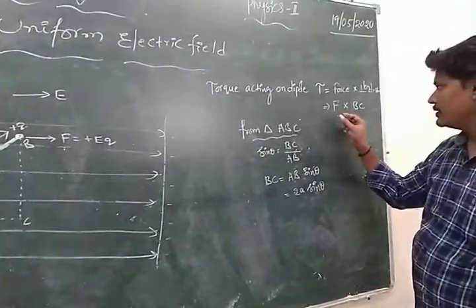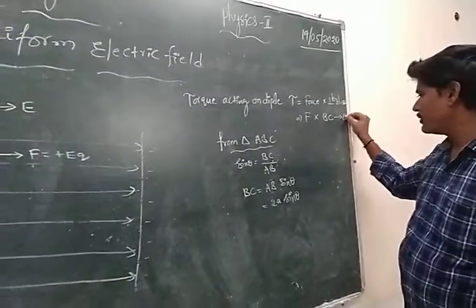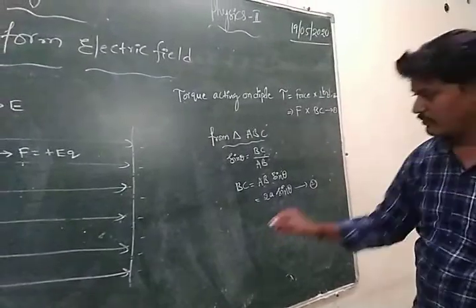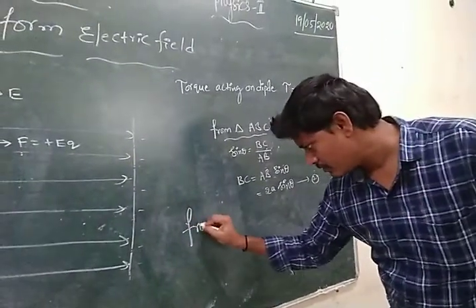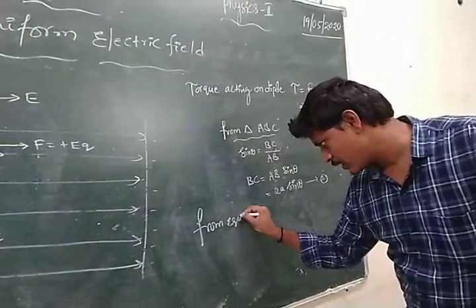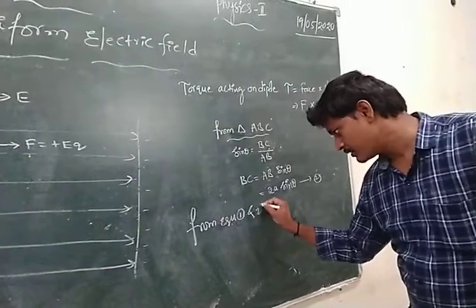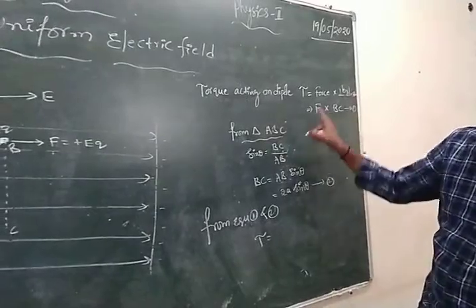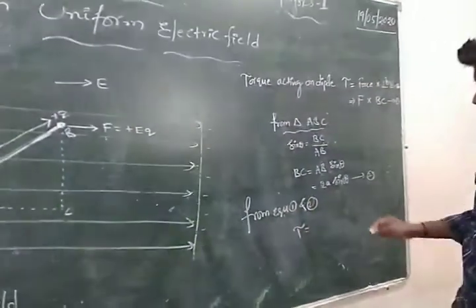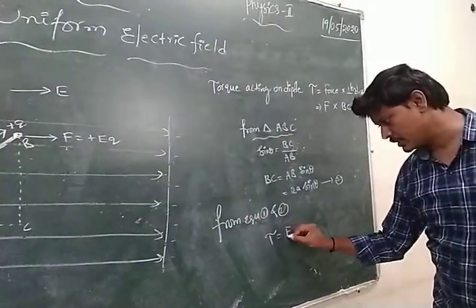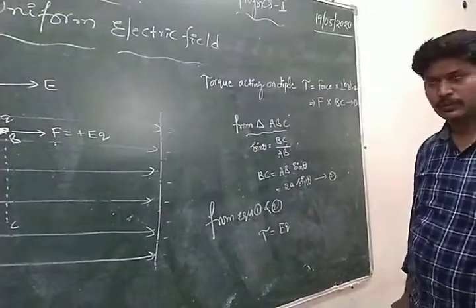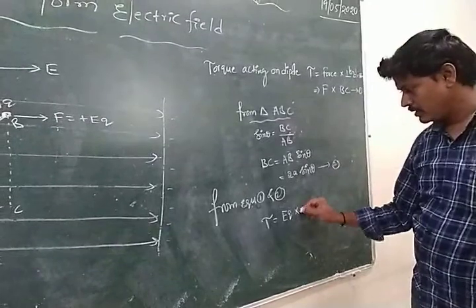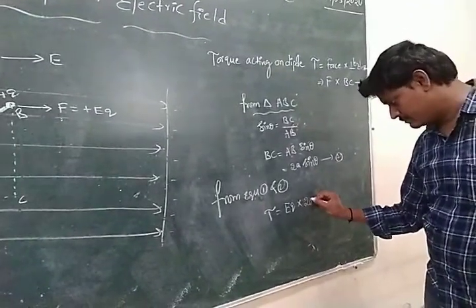This is equation 1 and equation 2. From equations 1 and 2, tau is equal to F, the force experienced by the dipole, which on either side is equal to EQ but opposite in direction, into 2a sin theta.